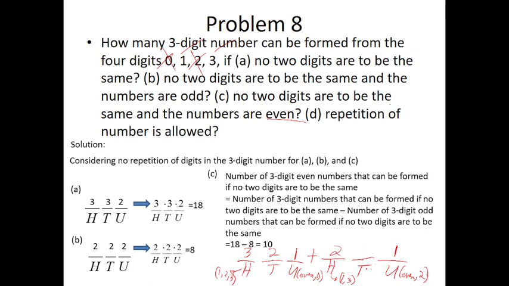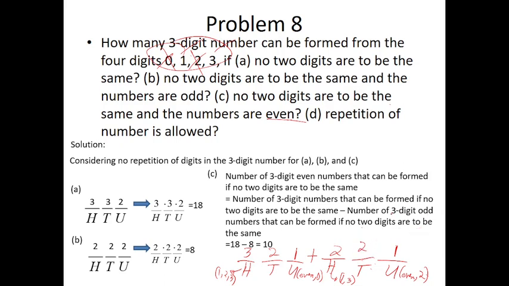For the tens place, there are no restrictions imposed here except that the digits must not be alike to the digits placed in the hundreds place and the units place. So this will also be 2, because 4 total minus 2 occupied, that will be now 2.